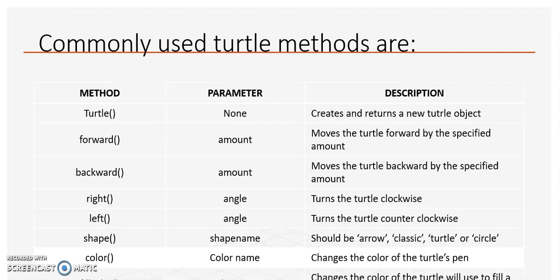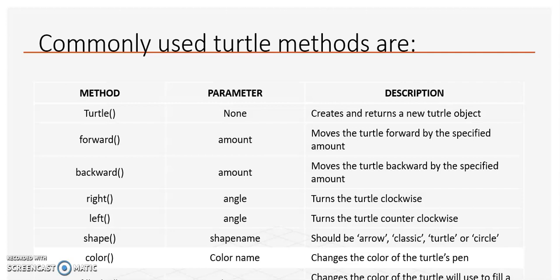Then turtle.forward, and in the parentheses you can write the amount which it needs to travel. Turtle.backward will again need the amount to travel backward. Then right, left: these are the angles by which the turtle object will turn. It will move right or left.